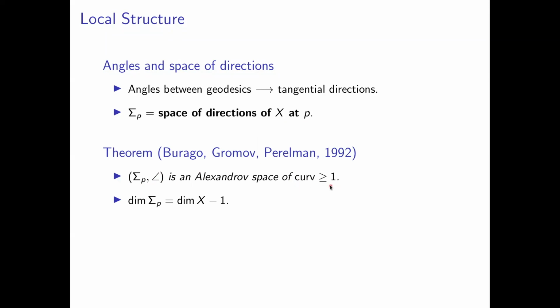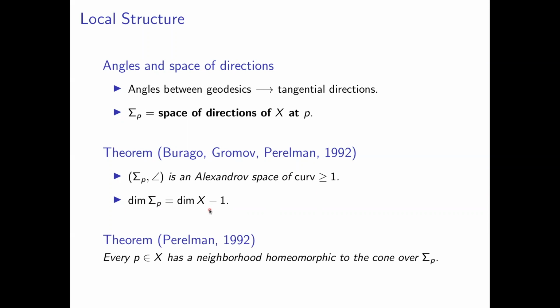For Riemannian manifolds, this is the round unit sphere, which has constant sectional curvature 1. So as an Alexandrov space, it has curvature bounded below by 1. And as in the case of Riemannian manifolds, the dimension of the space of directions is 1 less than the dimension of the space.